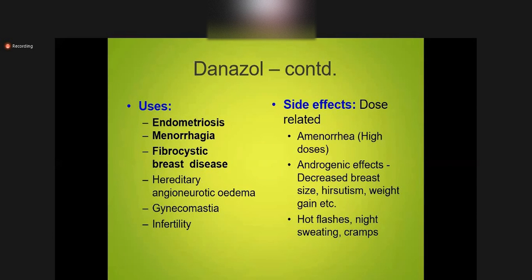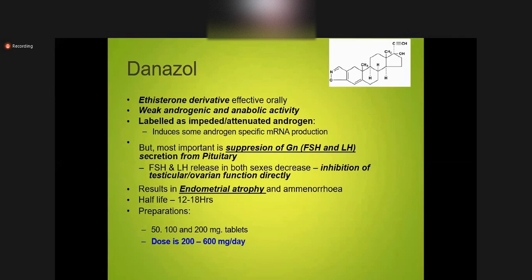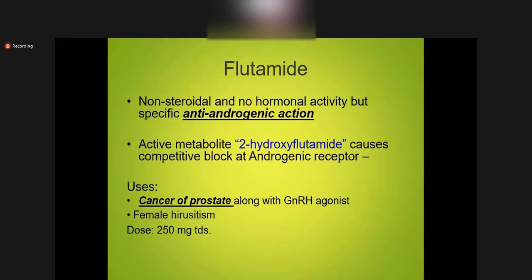Side effects could be amenorrhea, hirsutism, weight gain, hot flashes. These are a few side effects of danazol. So the first drug is danazol, not affecting androgens directly, but affecting gonadotropin releasing hormone, FSH and LH, and mainly used in females for endometriosis.